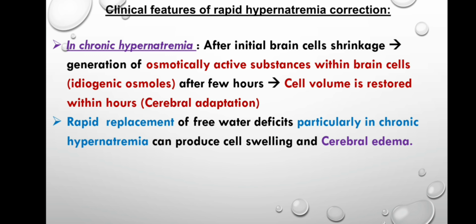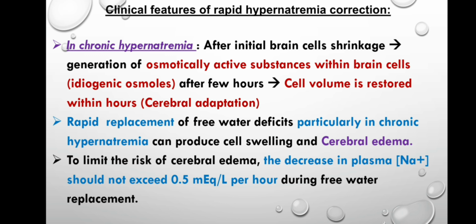Why? Because there are still osmotically active substances inside the cells, which were formed during cellular adaptation, اللي هي الايديوجينيك osmoles. The idiogenic osmoles will draw water. When the blood osmolality drops, these osmoles will draw water from the blood and cause cerebral edema.